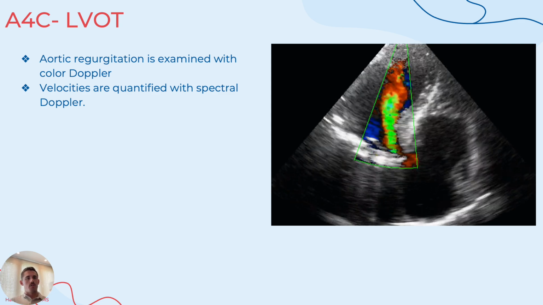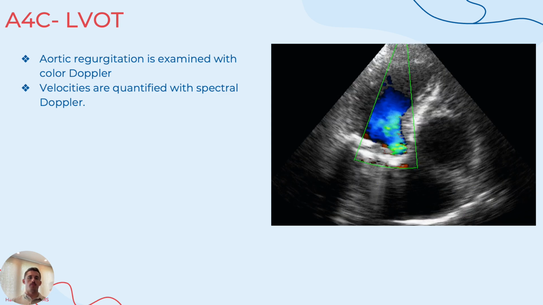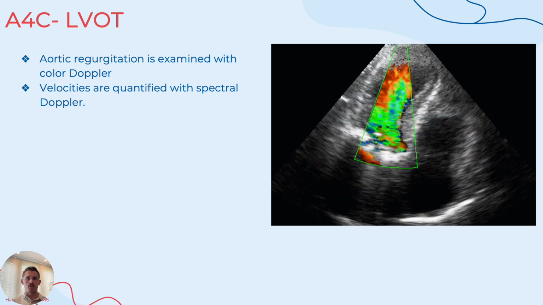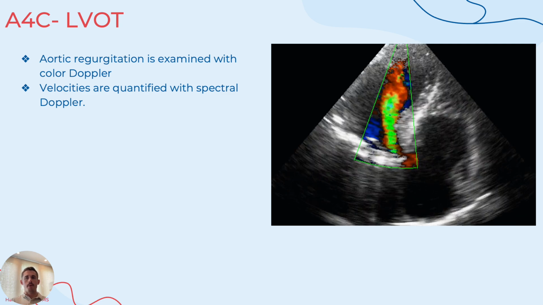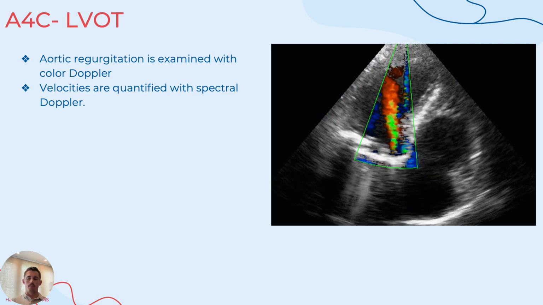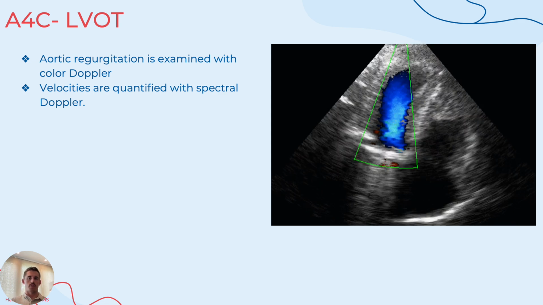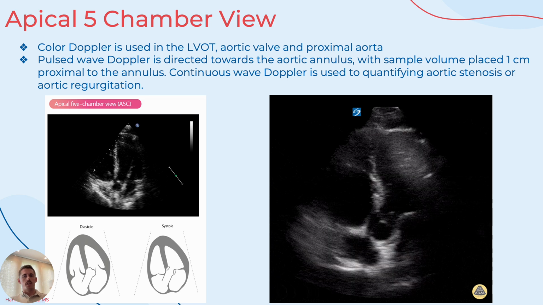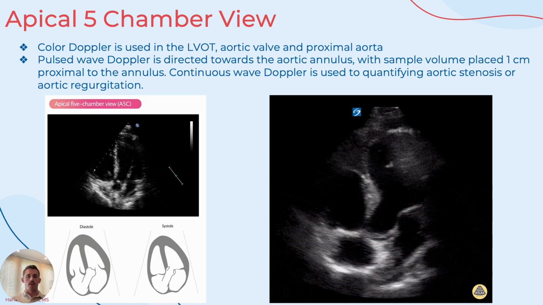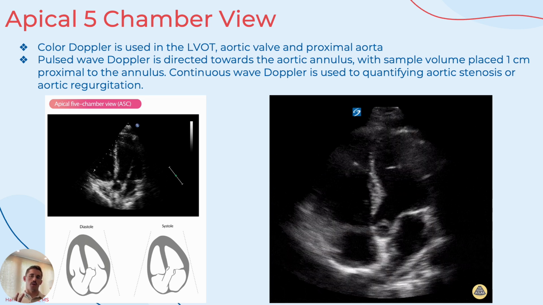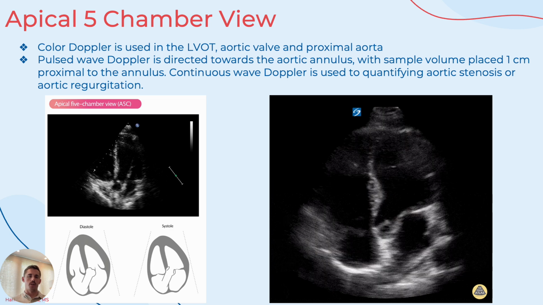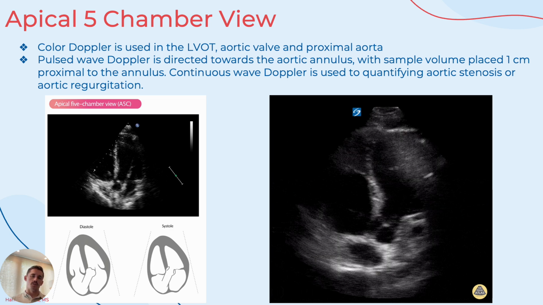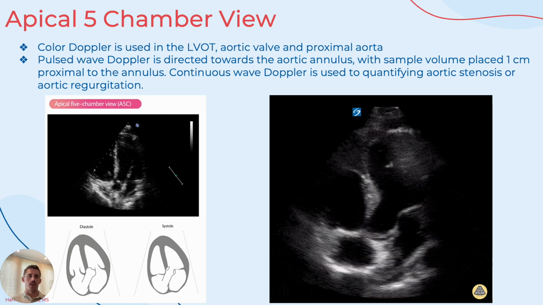For the left ventricular outflow tract, we can examine for regurg with color Doppler, and velocities are quantified with spectral Doppler. I didn't include the velocity measurements here because that's a bit outside the scope. For the apical 5-chamber view, right, it has both ventricles, the atria, and it also has the aorta, so we can see that Mercedes-Benz, the 3 cusps of the aortic valve right there.